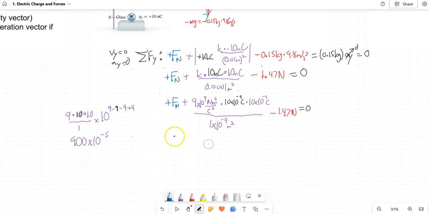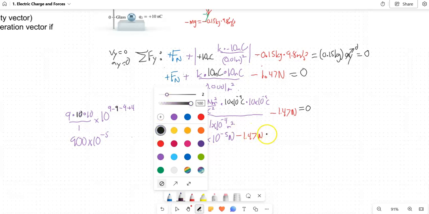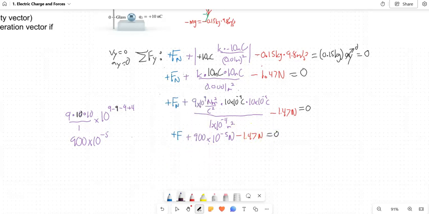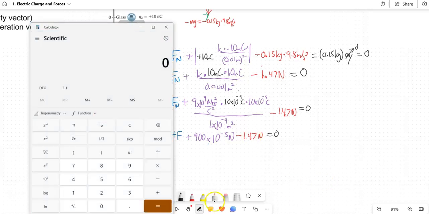Now we have that nice and organized. Plus 900 times 10 to the negative fifth newtons, minus 1.47 newtons, equals 0. Now let's figure out what this is.